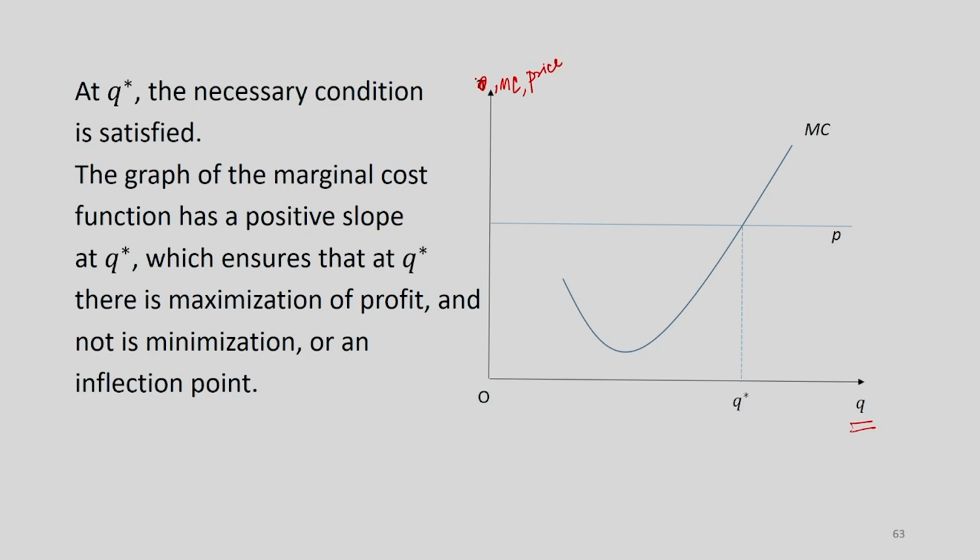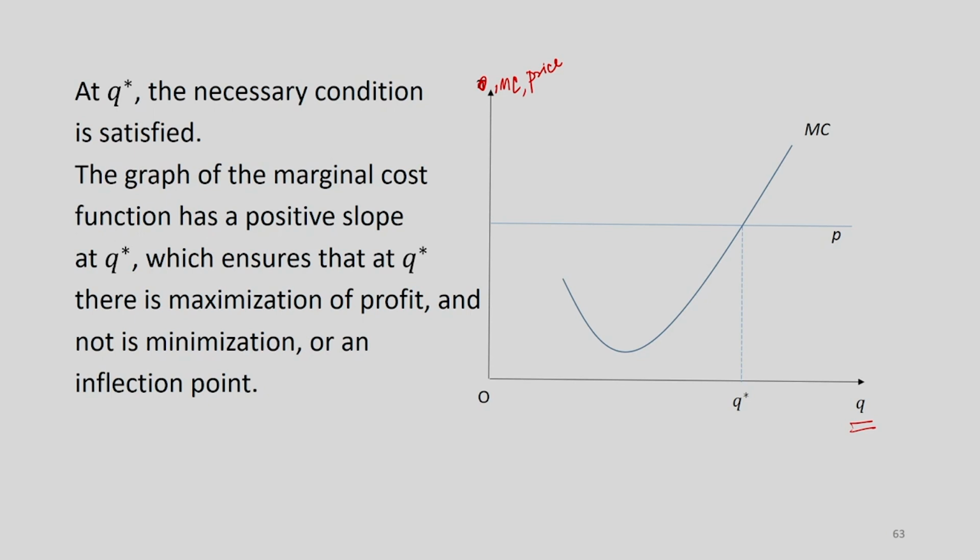Profit is not being represented here, at least in this diagram. Remember, the price is constant, it is given. So, it is a horizontal line, and I have drawn a marginal cost curve MC.